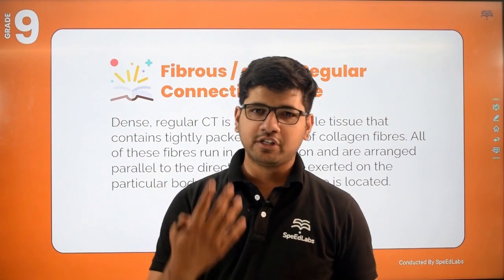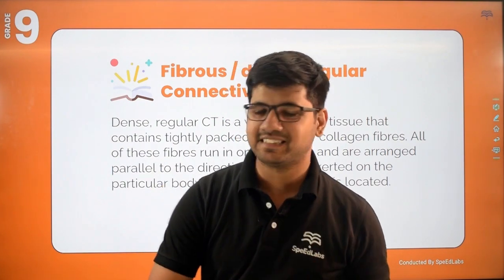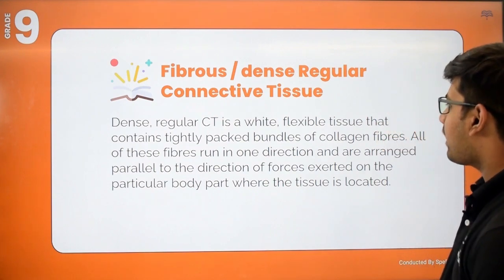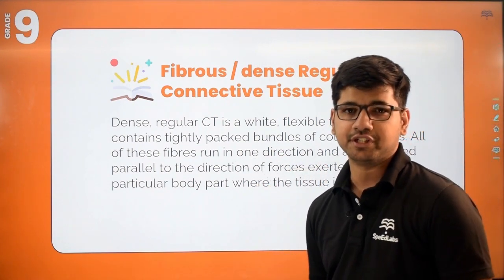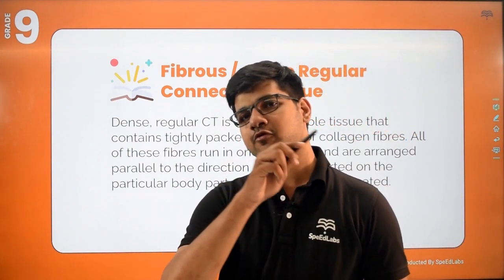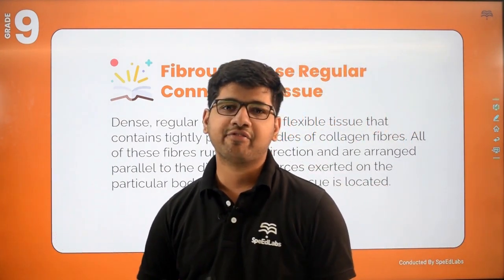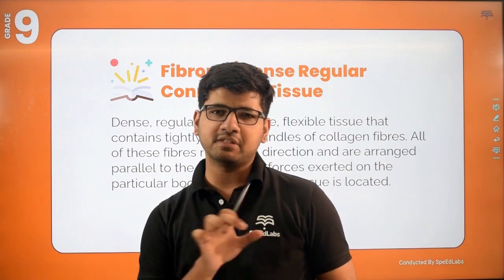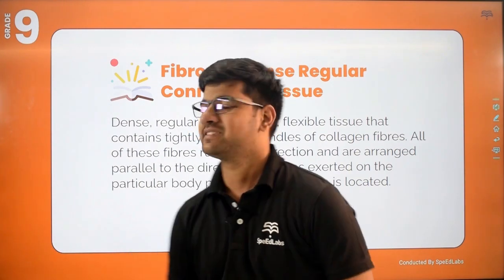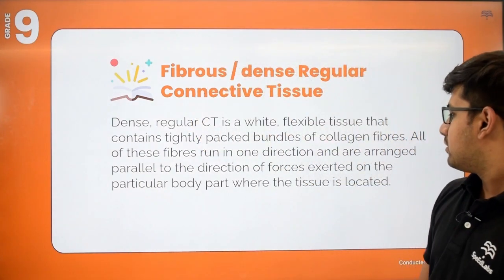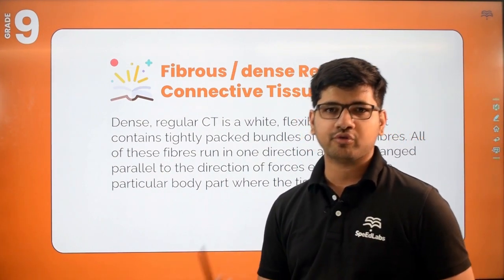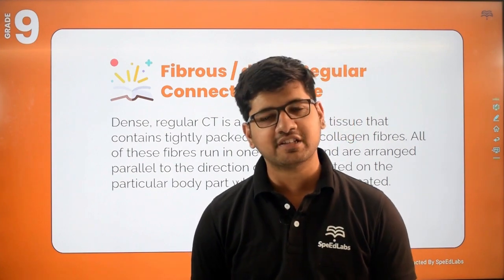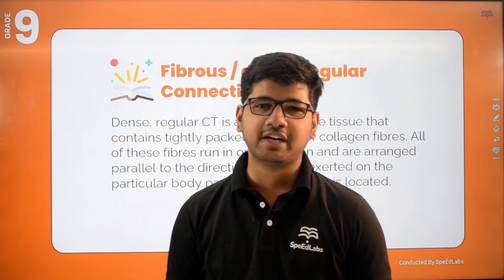All of these fibers run in one direction and are arranged parallel to each other, so that muscular contraction can take place. Wherever the tissue is located, based upon its functioning and significance, it is further classified.